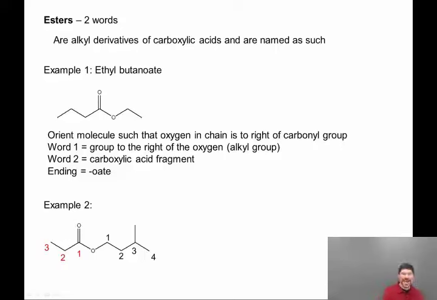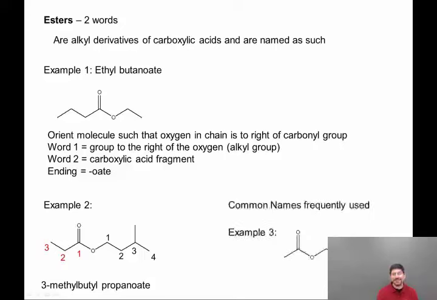The carboxylic acid fragment is a 3-carbon fragment. Therefore, this molecule is going to be named 3-methylbutyl for the group on the right, propanoate for the group on the left. Now, always remember, when you're using rights or lefts the way I'm suggesting in this lesson, you want to have the molecule oriented so that the oxygen in the chain is to the right of the carbonyl group. I said that already, but it's worth saying again.